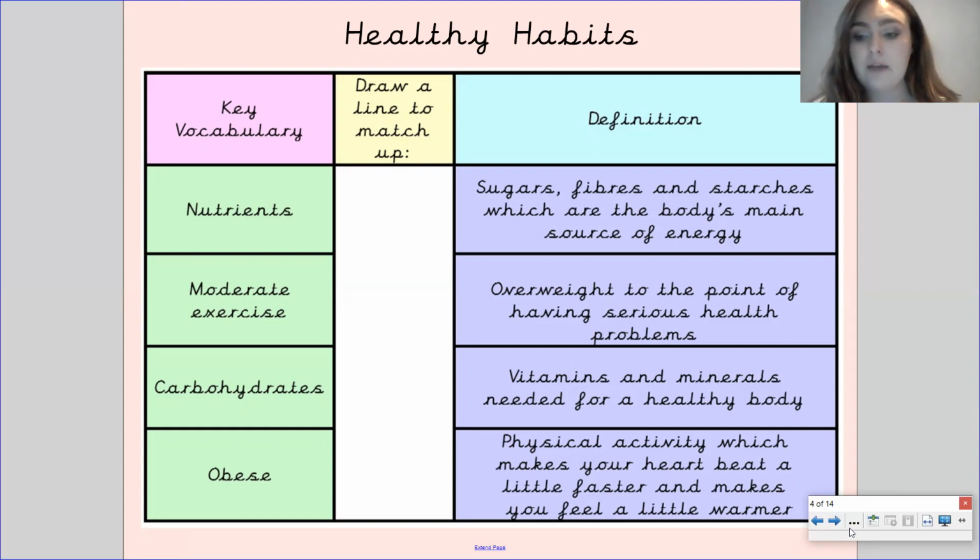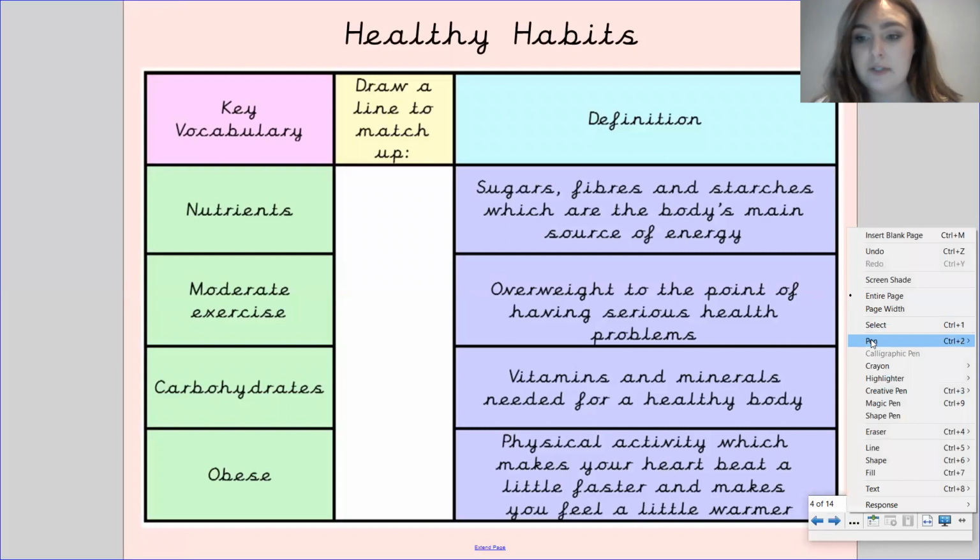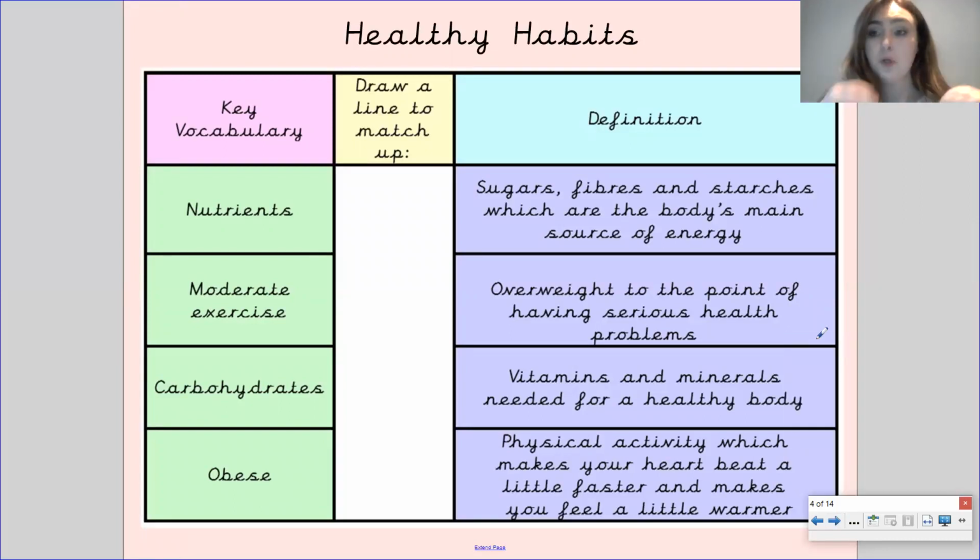Okay, so let's have a look at the descriptions that we have to see if we can match up nutrients with its correct definition. So we've got sugars, fibers, and starches, which are the body's main source of energy. Overweight to the point of having serious health problems. Vitamins and minerals needed for a healthy body.